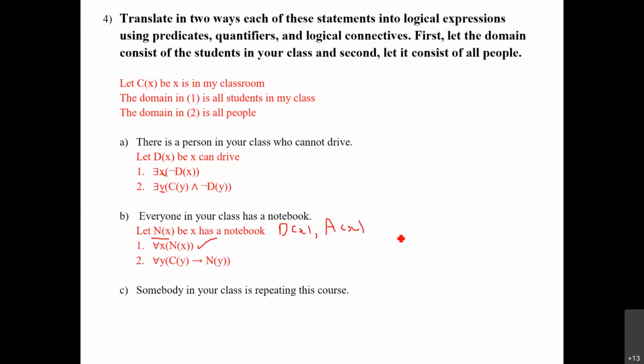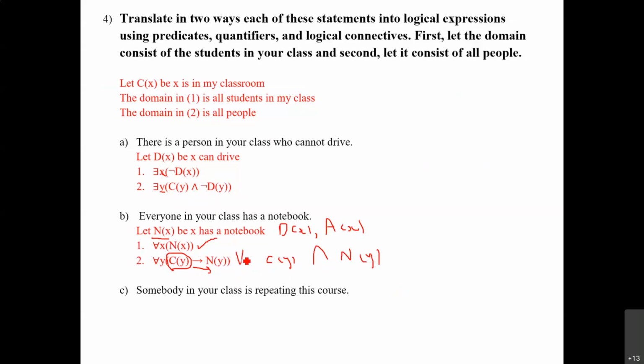Now, for the second part, if this person is in your classroom, then that means he has a notebook. So here we need an implication. If y is in your classroom, then y has a notebook. If you try to do it like C of y and N of y, it's not the same.